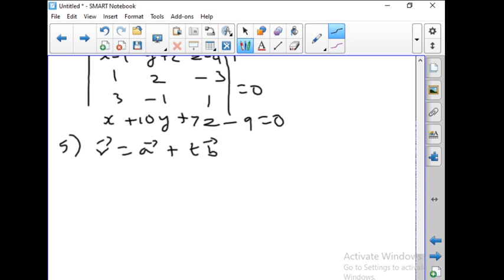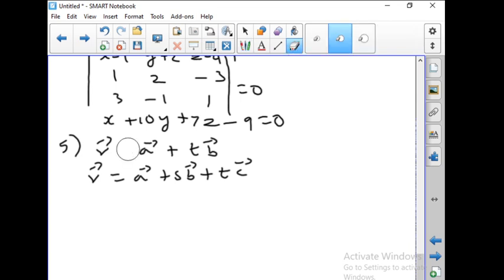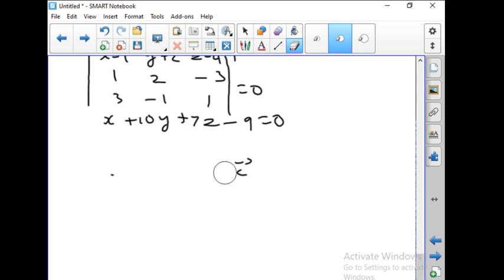Therefore the vector equation is R vector is equal to A vector plus s B vector plus t C vector, and the Cartesian equation is the determinant of x minus x1, y minus y1, z minus z1, b1, b2, b3, d1, d2, d3 is equal to 0. So the fifth question you take it for homework. Okay, I have explained how to do it. You do it for homework.